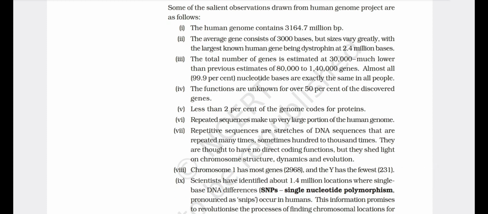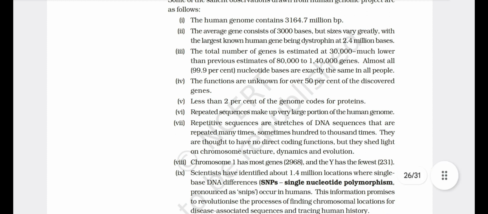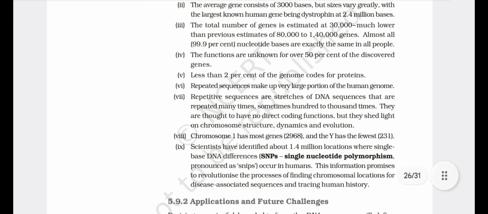The total number of genes is estimated at 30,000, much lower than the previous estimates of 80,000 to 140,000 genes. Almost all nucleotide bases are exactly the same in all people. Functions are unknown for over 50% of discovered genes.